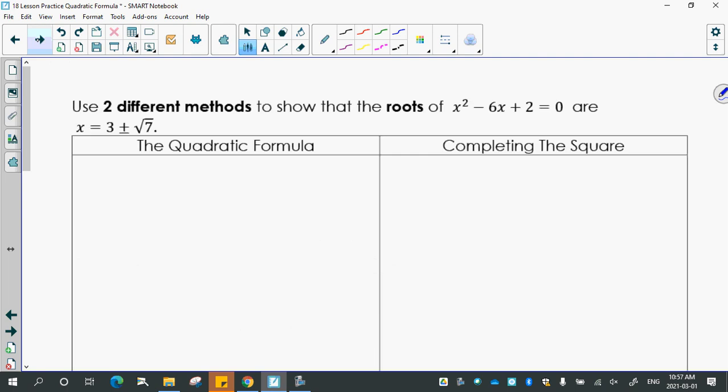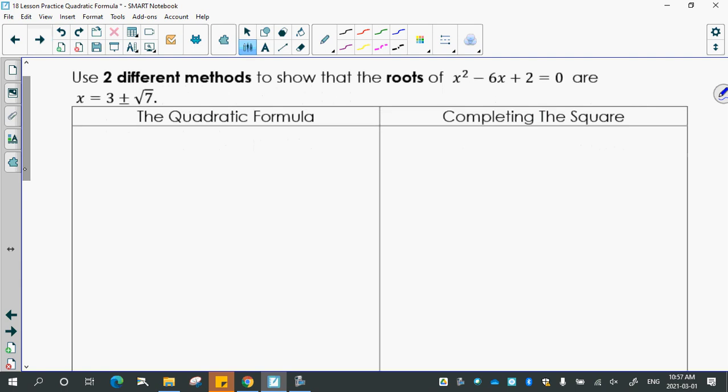All right, so use two different methods to show that the roots of that quadratic equation are x equals 3 plus or minus root 7. So you have one side to show that you get those roots using the quadratic formula, and the other side to show you get them using completing the square. I'm going to pause.